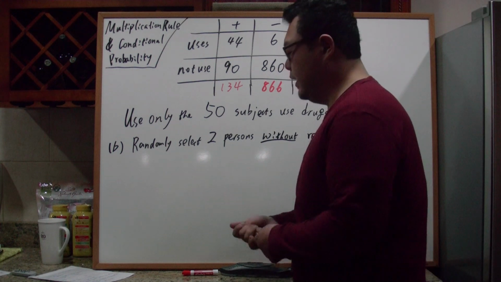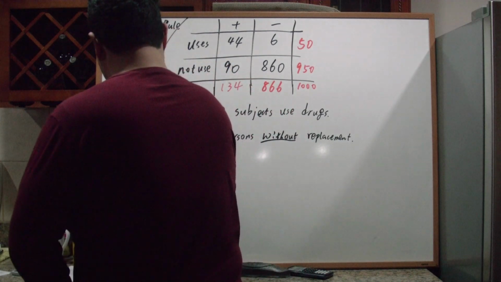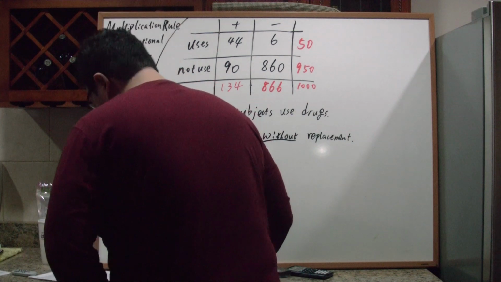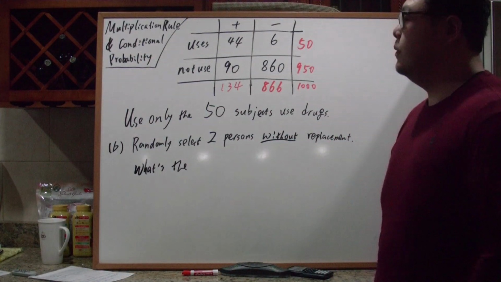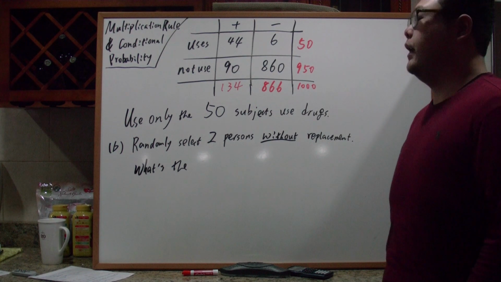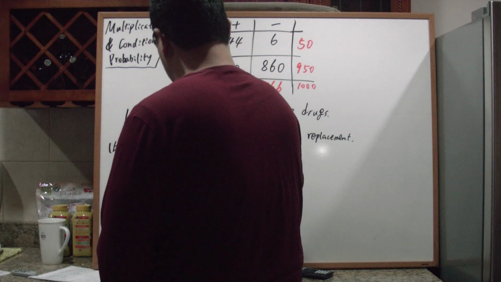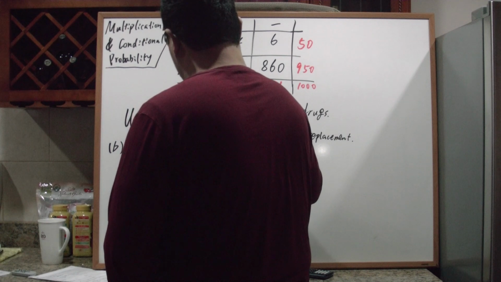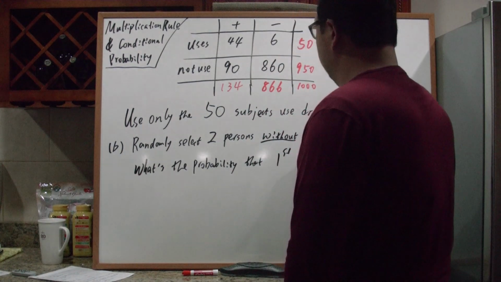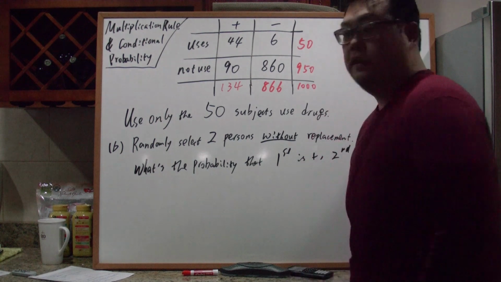Right? So let's see what they ask. They want to find the probability to get the first person as a positive test result, and the second person as a negative test result. First is positive, second is negative.